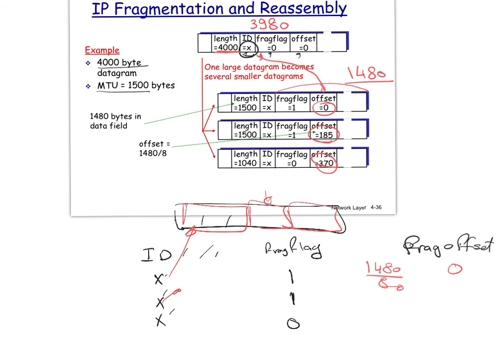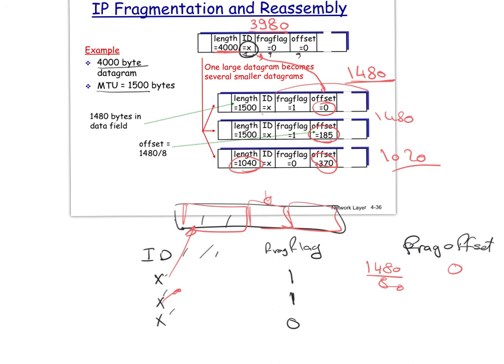Another thing to pay attention to here is that the 4,000 has 3,980 of data. The first one took 1,480. The second one took 1,480. So the third one will have 1,020, and that's why the payload length is 1,040.